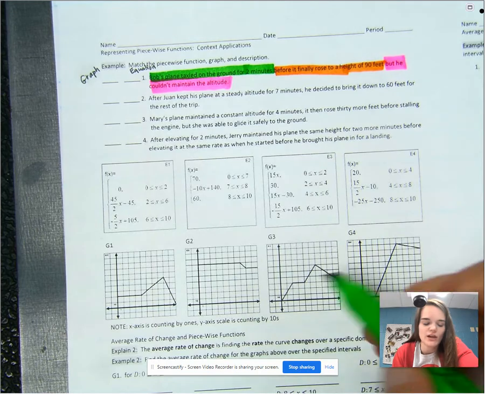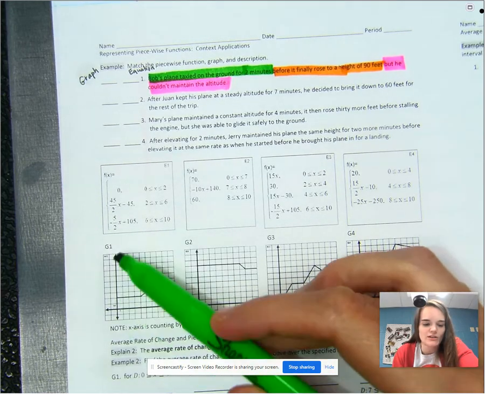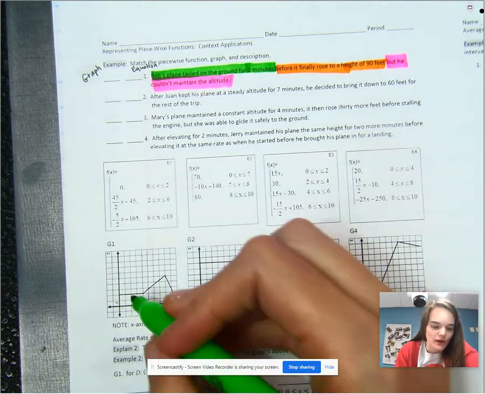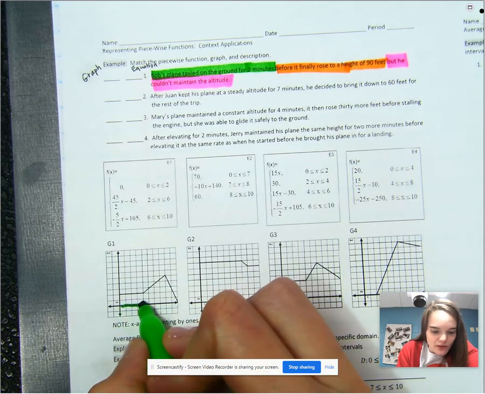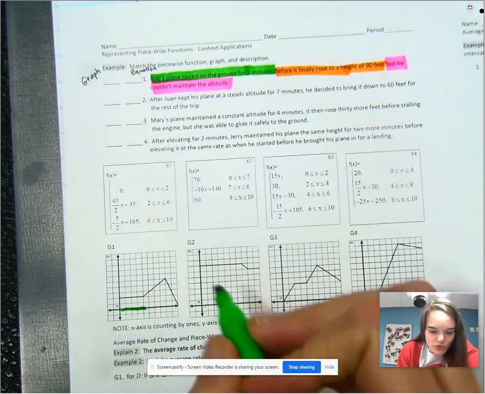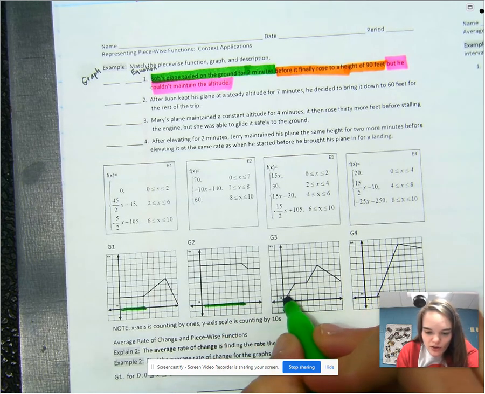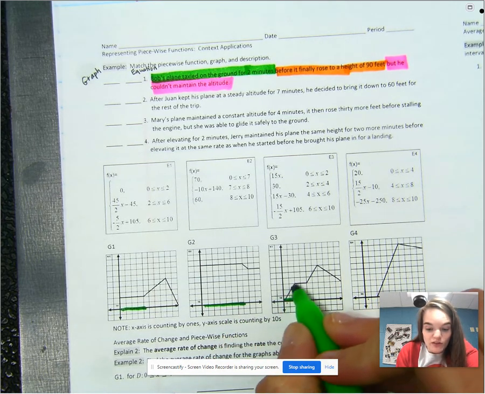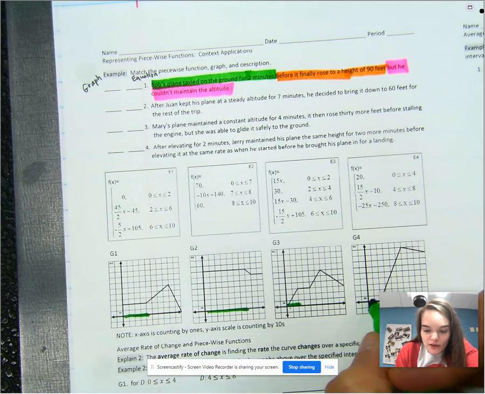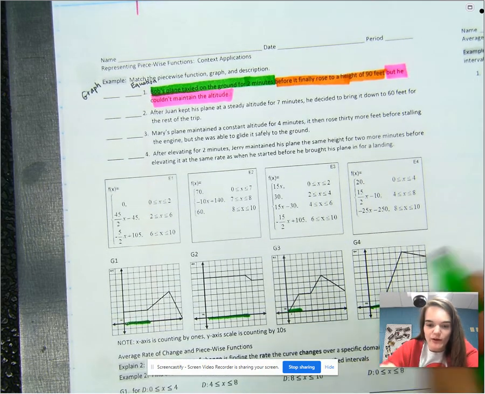Looking at these graphs, the x's go by ones, the y's go by tens. Okay, this doesn't change at 2. This didn't stay on the ground at 2. This changes at 2, but this means it was rising. And then this, oh, here we go. This looks like it was on the ground at 2.